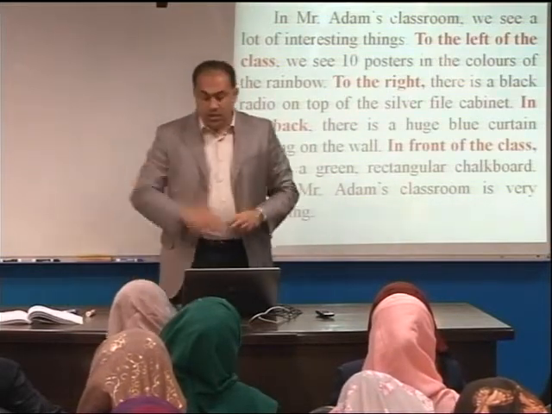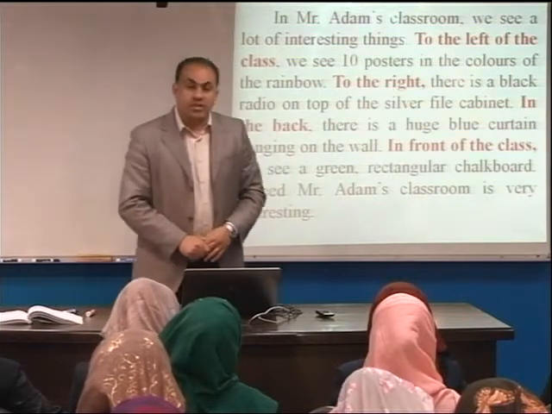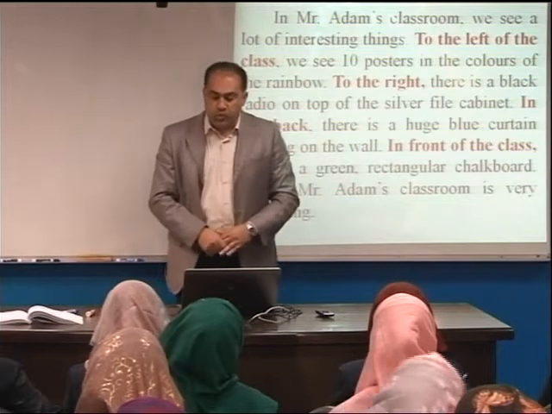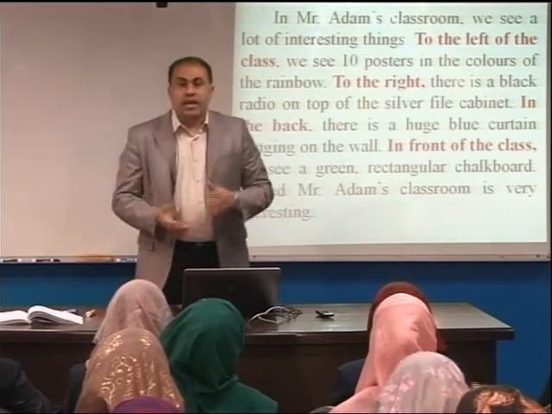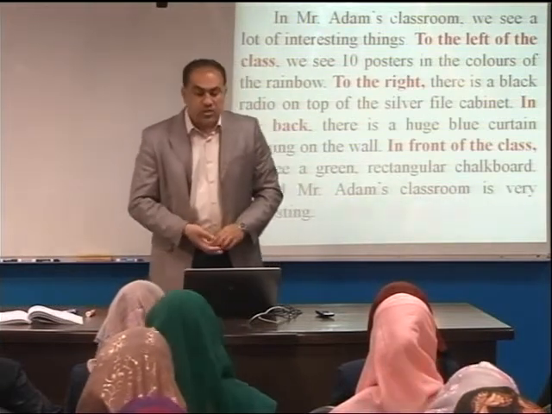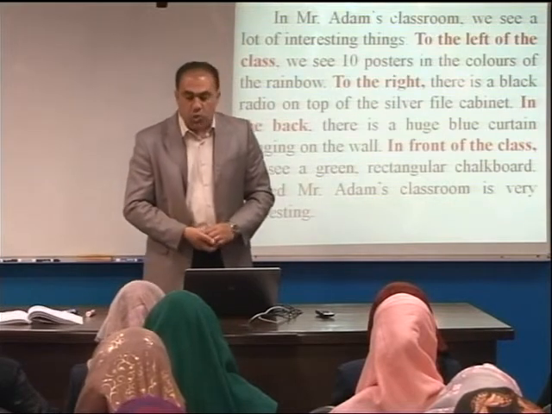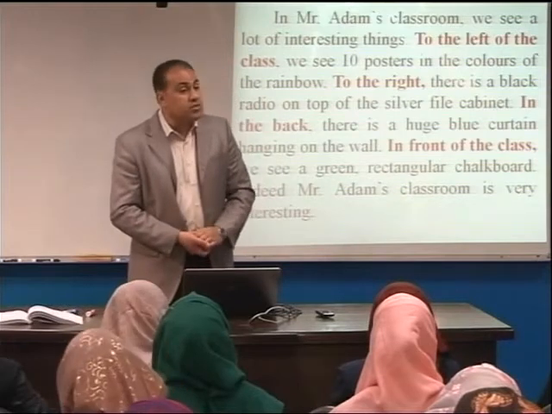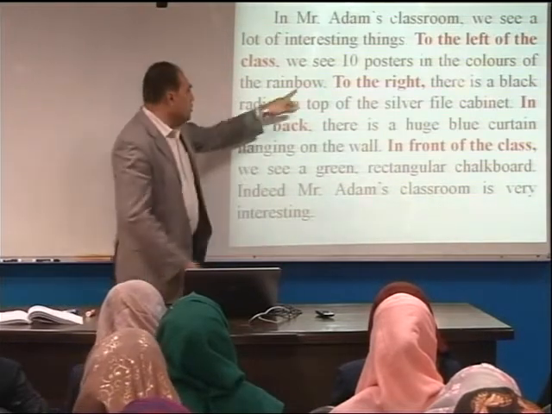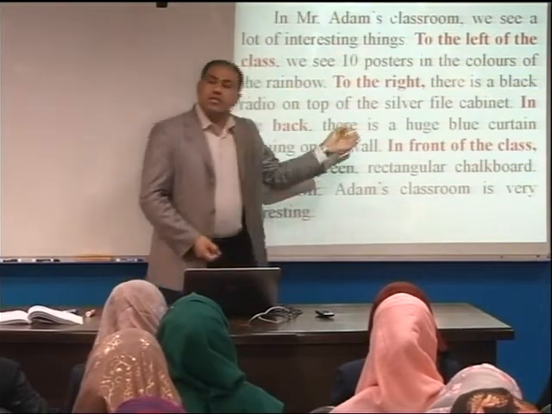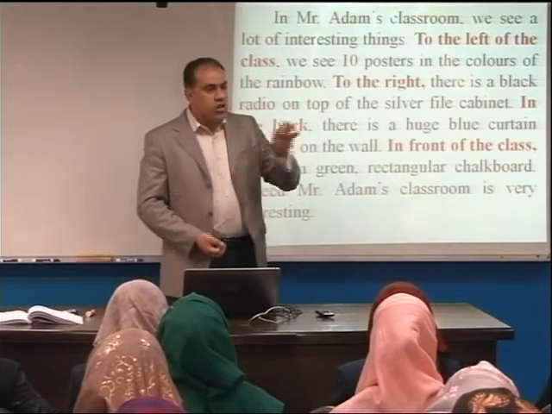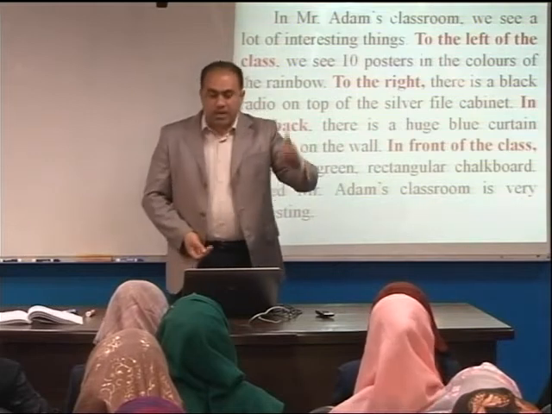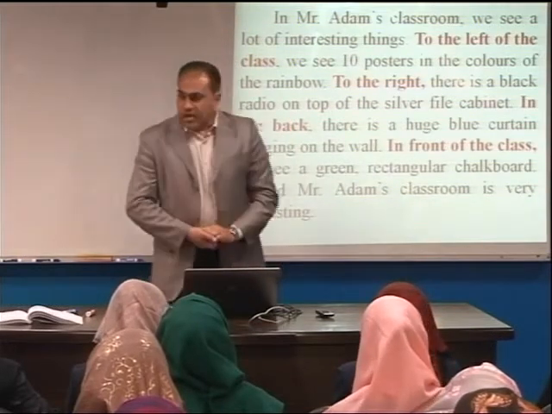To the right, there is a black radio on top of the silver file cabinet. In the back, there is a huge blue curtain hanging on the wall, and in front of the class we see a green rectangular chalkboard. Indeed, Mr. Adams' classroom is very interesting. This is the conclusion. What we notice here are these transitions describing a location: to the left, to the right, in the back, in the front, and so on.